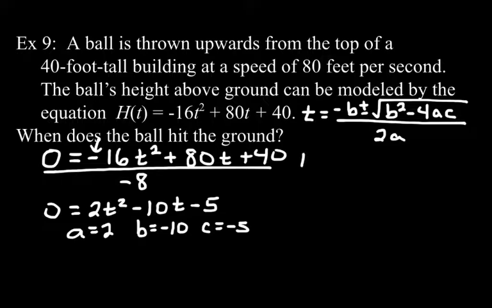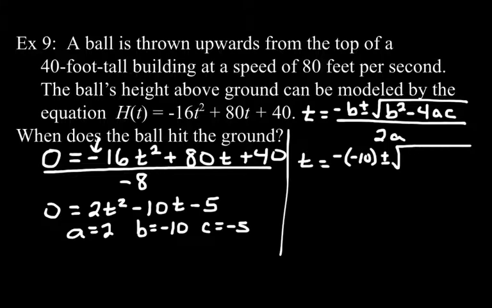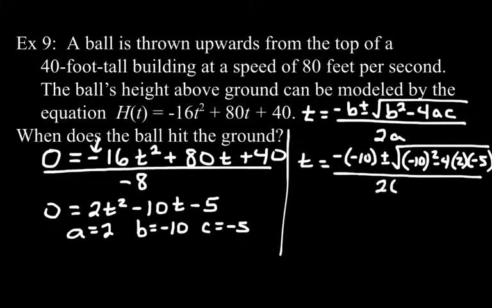So plugging in our values, that's going to be t equals the opposite of b, that means the opposite of negative 10, plus or minus the square root of negative 10 squared minus 4 times 2 times negative 5, over 2 times 2.